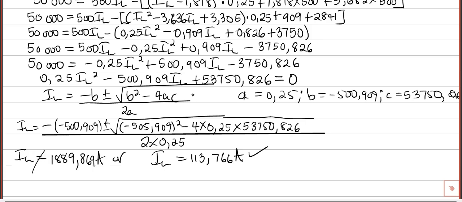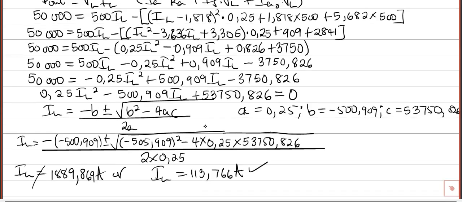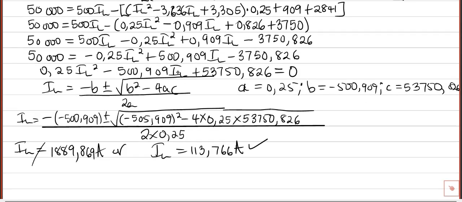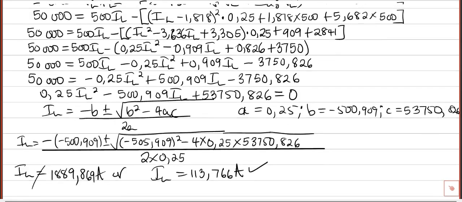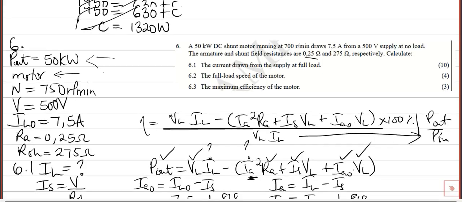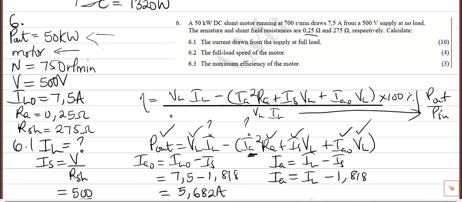And yeah, so maybe as time goes I might demonstrate more questions. Oh wait, let's finish this question. Let's go 6.2. So yeah, 6.2, it says calculate the full load speed of the motor. The full load speed of the motor, we've been given information on the no load. Remember it said a 50 kilowatt DC shunt motor running at 700.